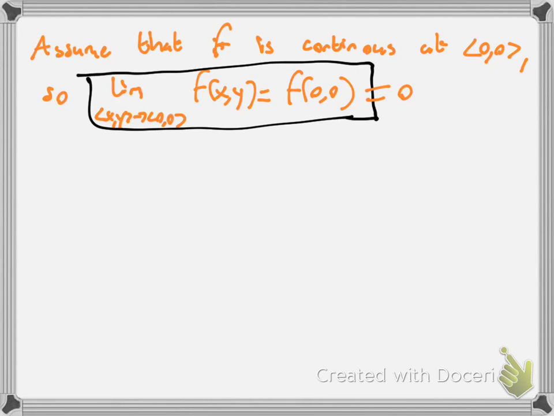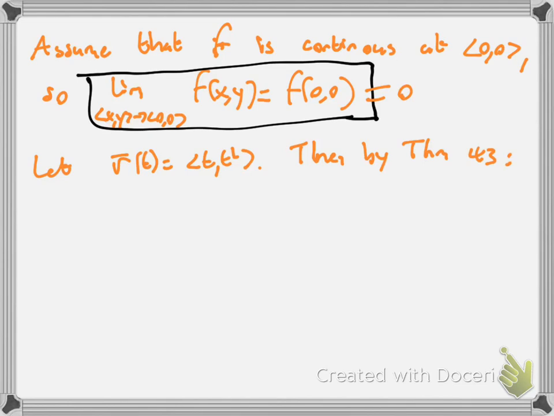What we're going to do is use theorem 43, which says that if a limit is a certain value, then the limit along any path will also take the same value. For instance, if I take the following path, let's call it r bar of t, is the path (t, t squared), then according to theorem 43, and since my goal is a contradiction, I'm looking for a path that leads me to a different limit.